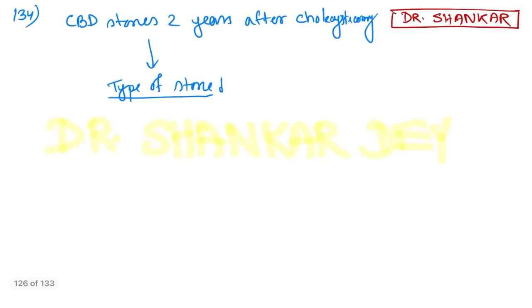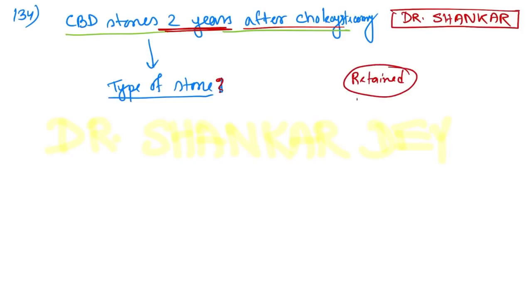Next question was CBD stone found in a patient 2 years after cholecystectomy. The question asks, what is the type of stone? Whenever a stone is found before 2 years, that is called a retained stone, and when a stone occurs after 2 years, that is called a recurrent stone.